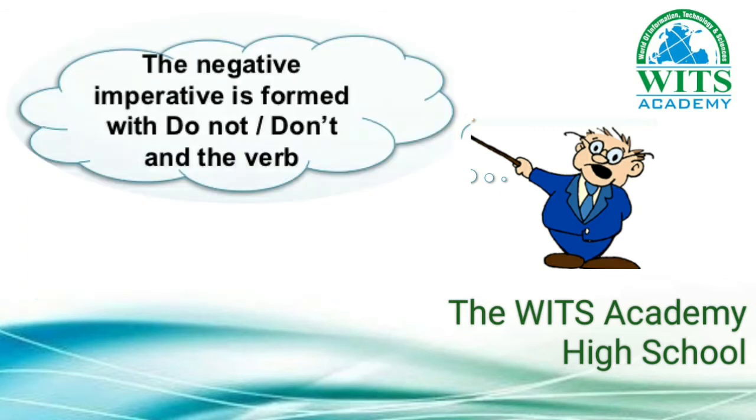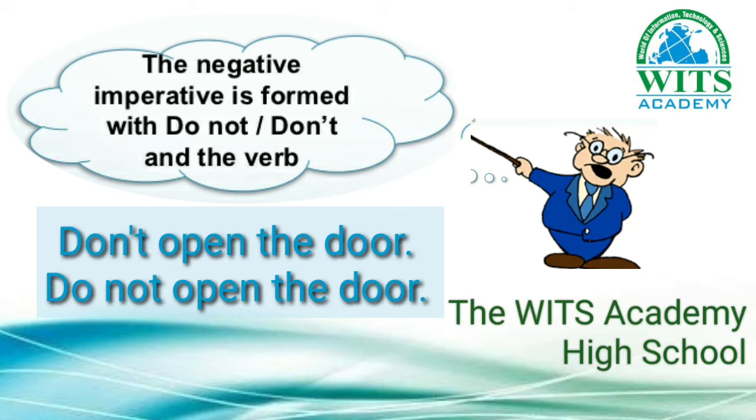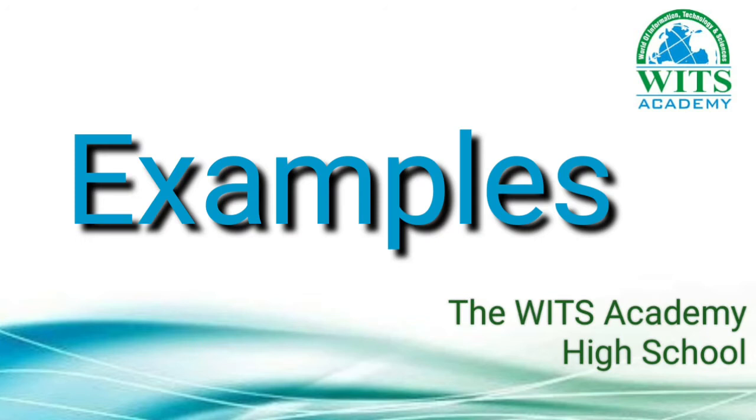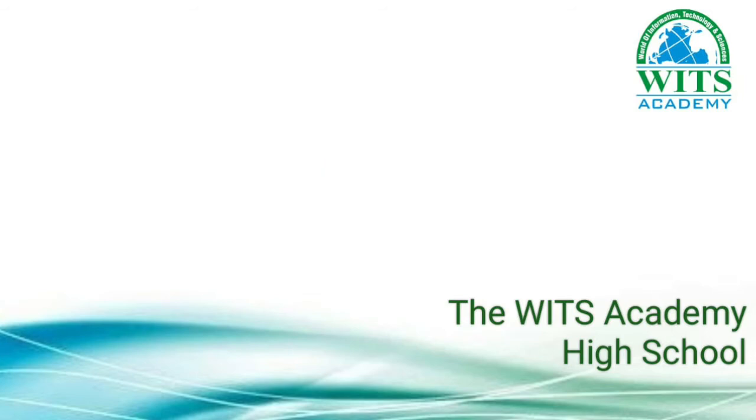And the negative of an imperative sentence is formed with do not or don't and the verb, as in don't open the door or do not open the door. It means before the verb we put do not or don't to make our sentence negative. Okay, students? Now here are some examples that will make your concept clearer about imperative sentences.